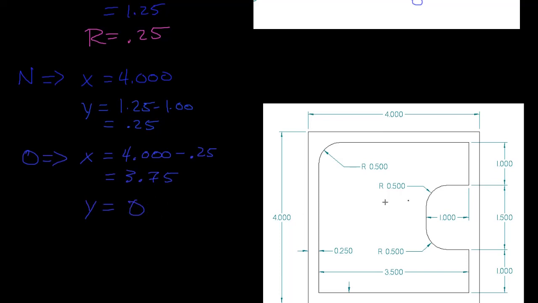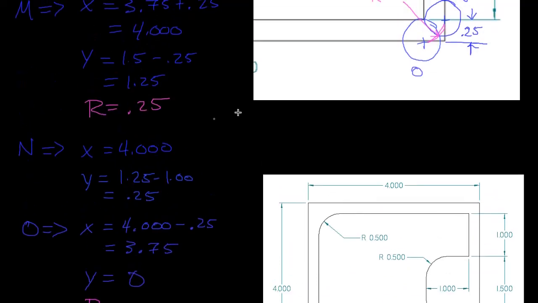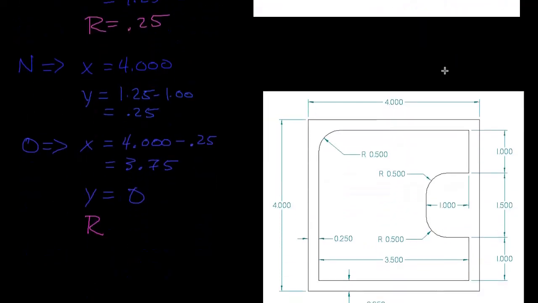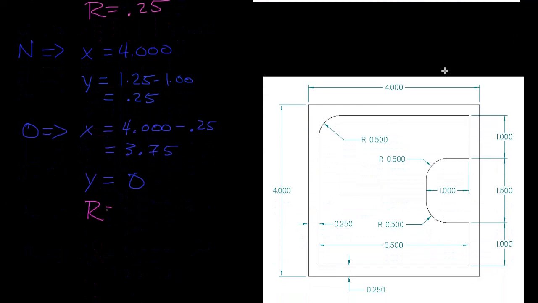Okay, and of course I'll just write the arc that goes through point N and point O. So that's equal to 0.25 inches.